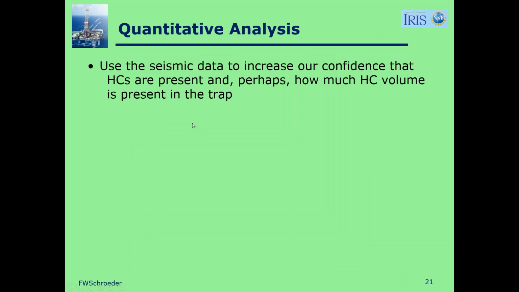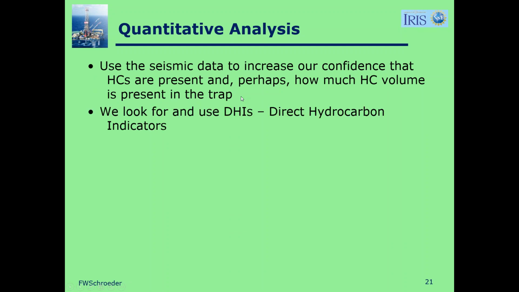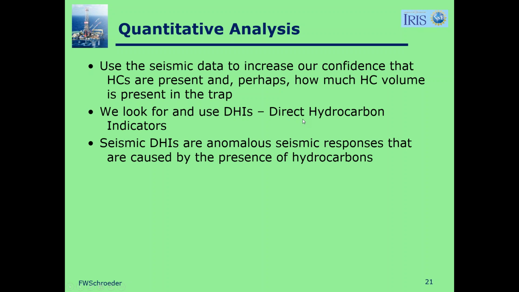Now we can be more quantitative if we can use our seismic and maybe boost our confidence that we have hydrocarbon and what type it is and how much fill a particular trap has. We can look for and use DHIs, which are direct hydrocarbon indicators. Seismic DHIs are anomalous seismic responses that are caused by the presence of hydrocarbons within the porous and permeable rock.